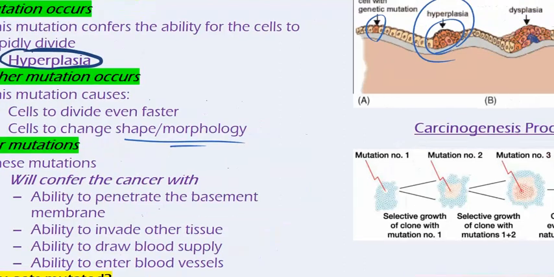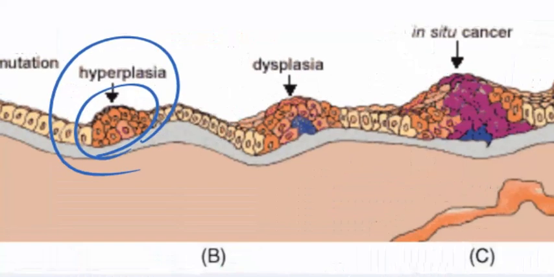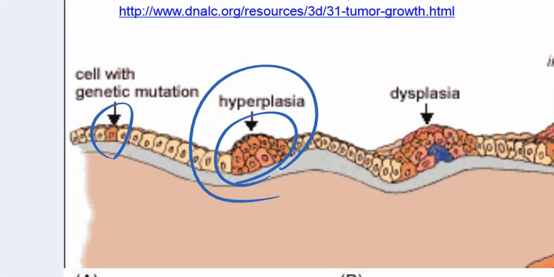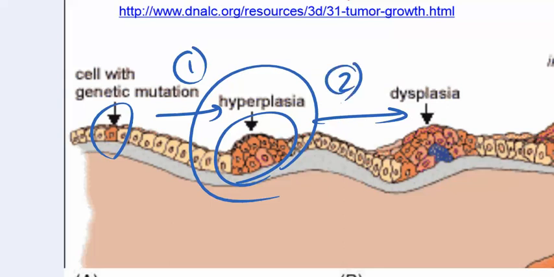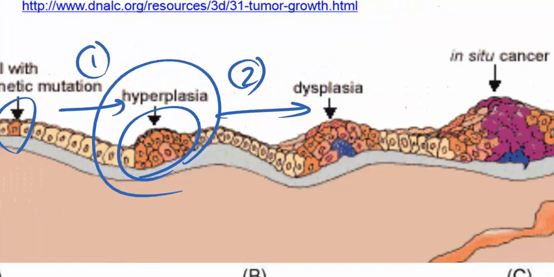So here we go. We start off with a normal cell. It gets a mutation and starts to rapidly divide. The cell is still normal. Then you get another mutation. Let's just say this is mutation one, mutation two. Then you get another mutation, and now you get dysplasia. Dysplasia means that the cells that were normal are now taking on abnormal characteristics.